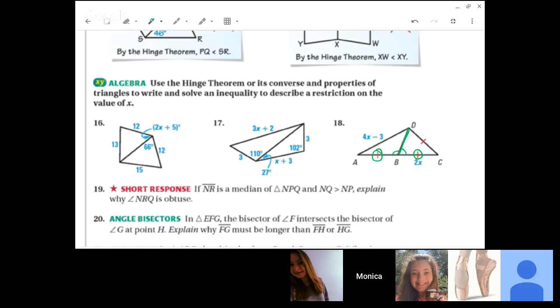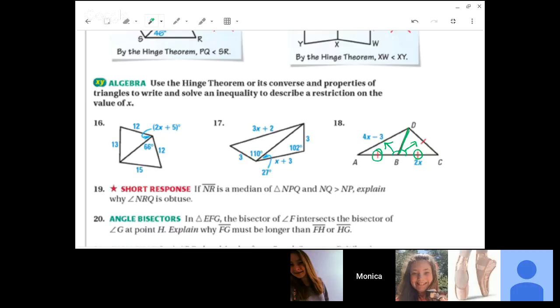So sorry, not that angle. Oh yeah, sorry, that is that angle. So it's the angle between the two sides, the included angle between those two sides. And then we can look at the opposite sides there.